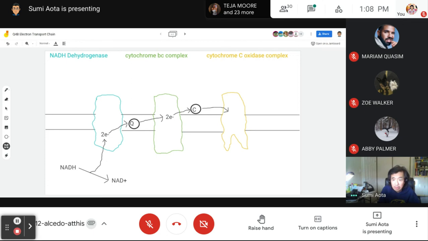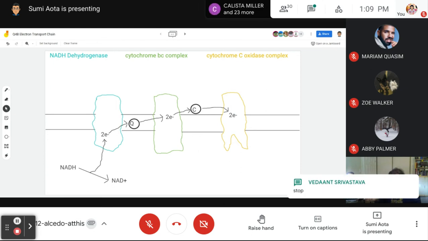Okay. Now, remember, these are the same electrons that originally started in NADH. It's not two different electrons. It's the electrons that originally started in NADH that have moved along and been transferred along this chain. Now, if the two electrons can't get off of the last complex, what's going to happen to this pathway? Yeah, it has to stop.